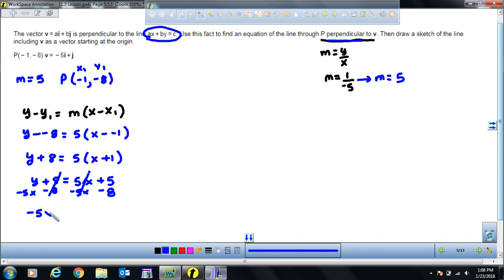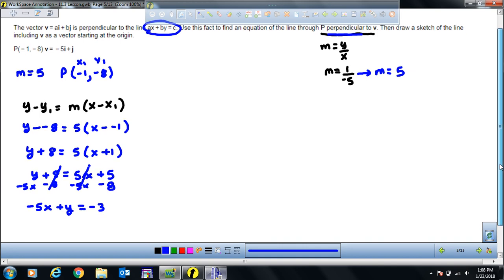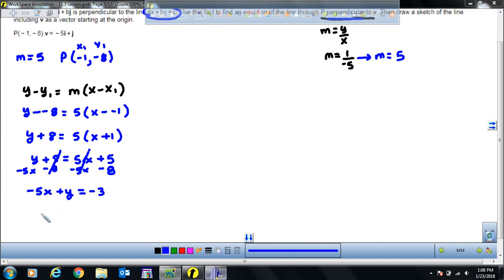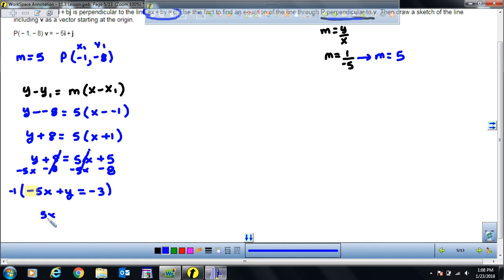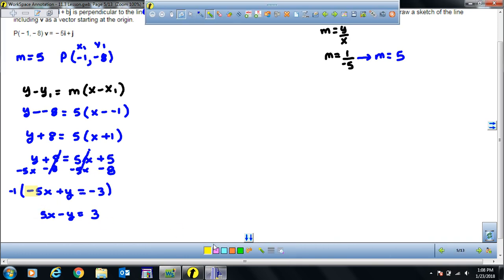Negative 5x plus y equals 5 minus 8, which is negative 3. However, when you put the equation in standard form, we need to make sure that the x is not negative. The value of x must be positive. So I'm just going to multiply everything times negative 1. So that will be 5x minus y equals positive 3. This is the equation in standard form.